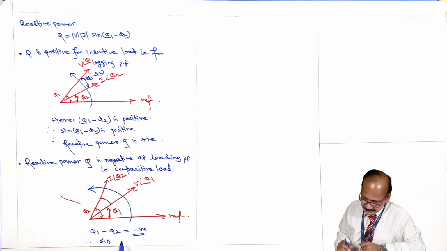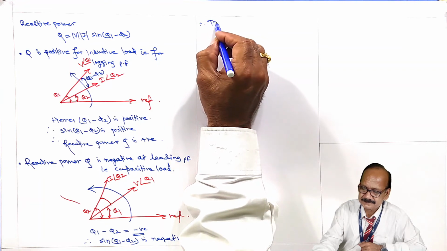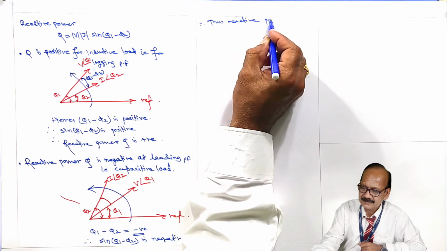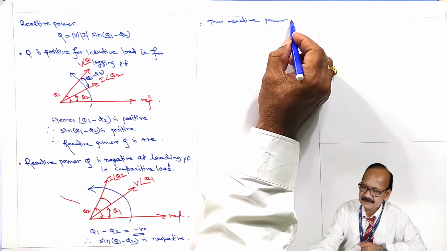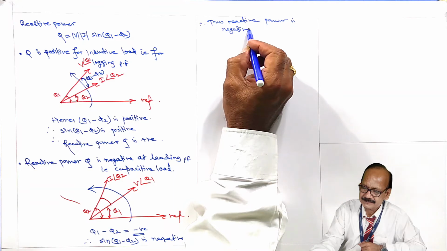Therefore sine theta 1 minus theta 2 is negative. Thus reactive power is negative.